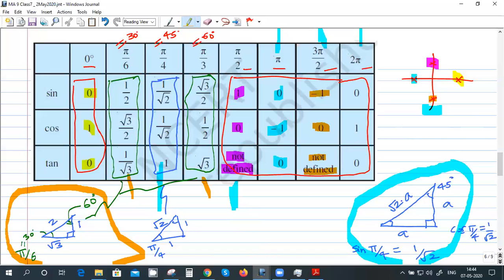Done. Even for 60, also 30 and 60. So in addition to the points on the coordinate axes, you have to remember these two triangles, this one and this one. If you remember these, you get all the values given in the table.